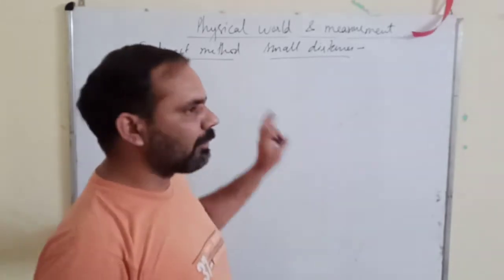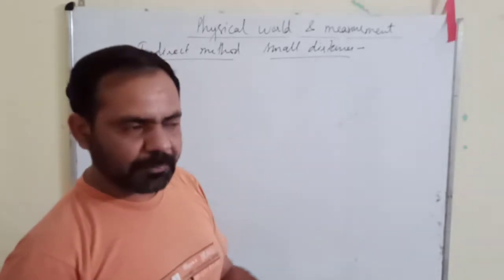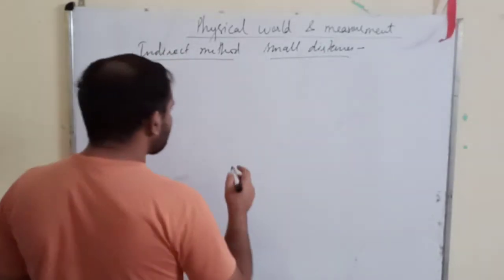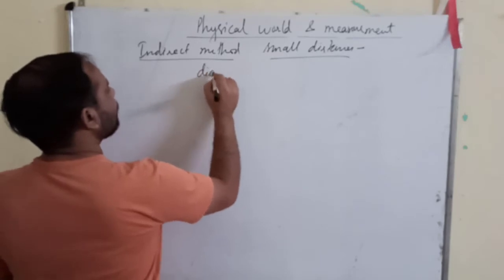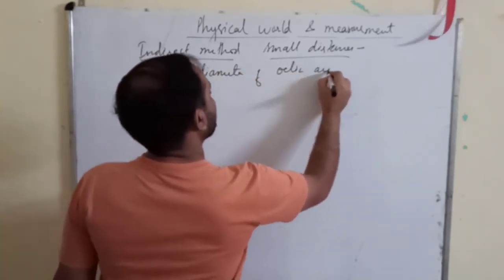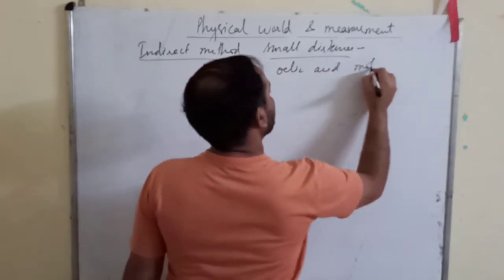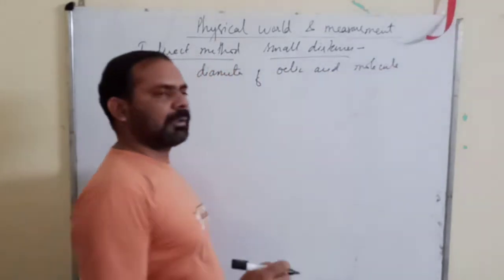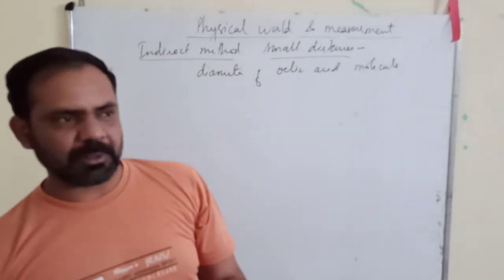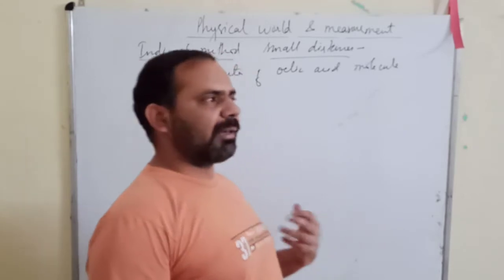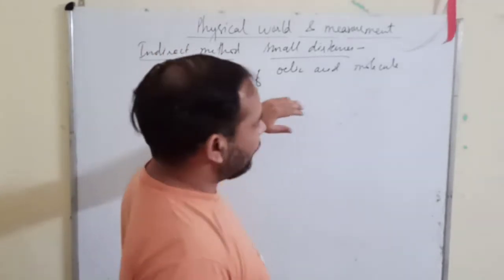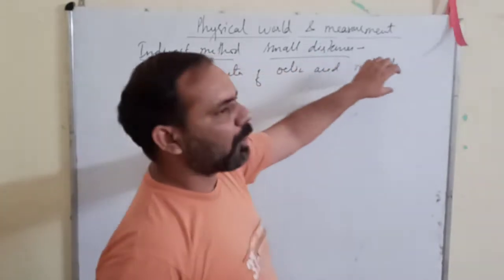Now, one example for measurement of small distances: suppose you want to measure the diameter of an oleic acid molecule. The diameter of a molecule is invisible to the eyes, so it is going to be a very small distance.